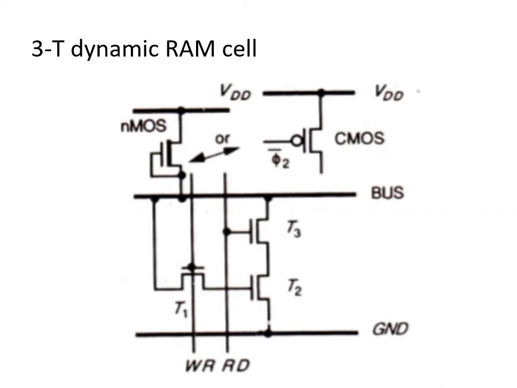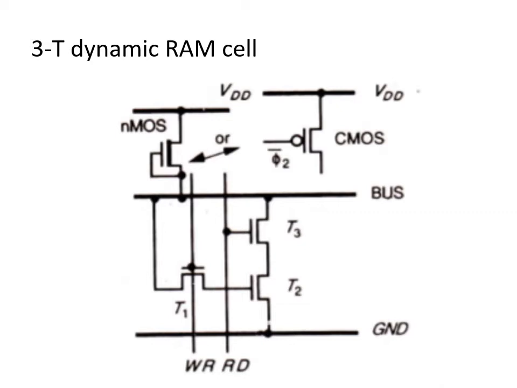Data is stored at the gate capacitance of the transistor in the form of charge. Read and write are the control lines. T1 with T2 is used for writing the data, and T3 with T2 is used for reading the data.